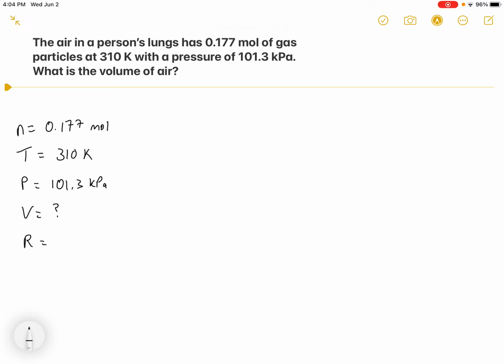And when we're using R, we just have to make sure that the units of R match up with the units of pressure, volume, and temperature that we are given.